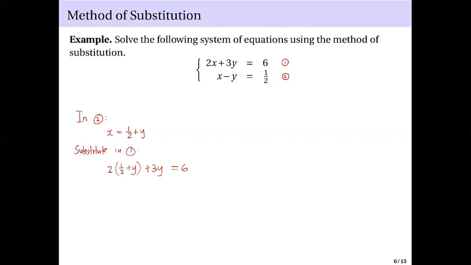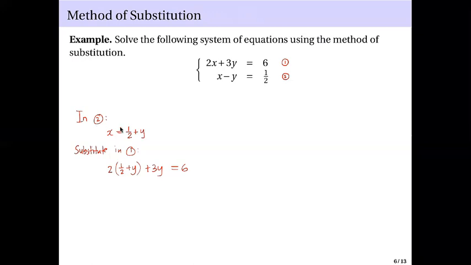Following? So again, what did we do? Here in equation 2, we have written x in terms of y. So we isolated x on one side of the equation and wrote everything else on the other side. So x equals 1/2 plus y. And then the next step is we substitute this into the other equation.